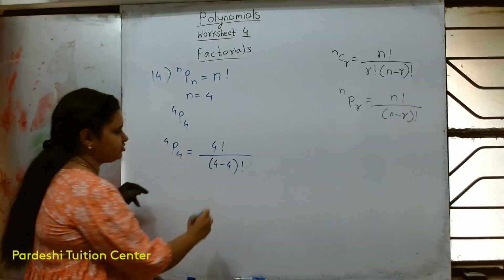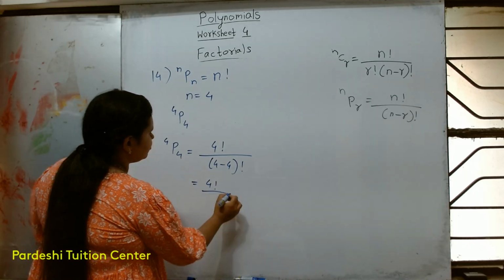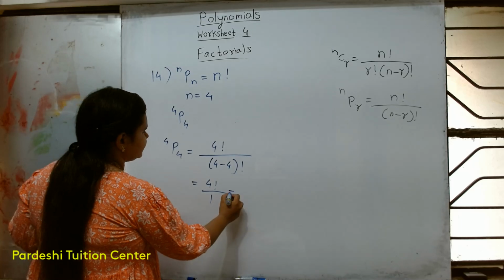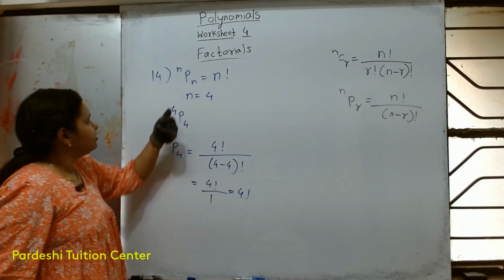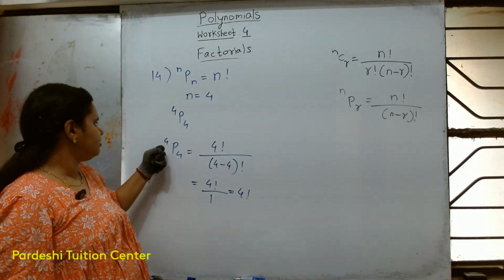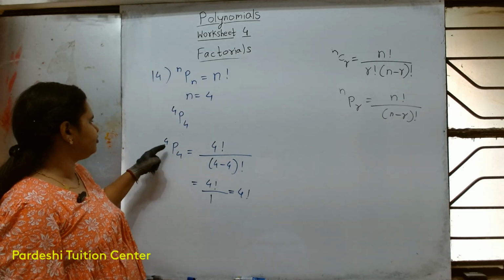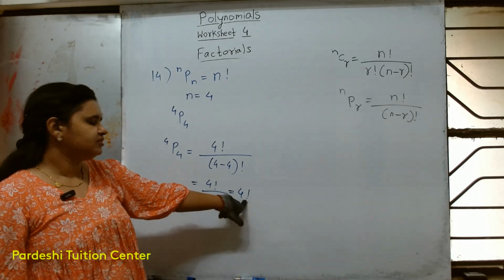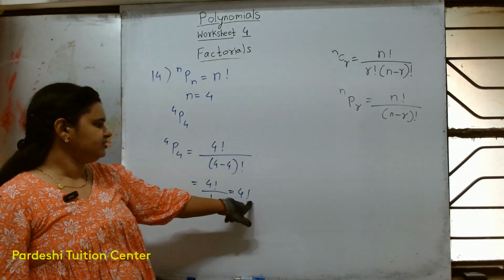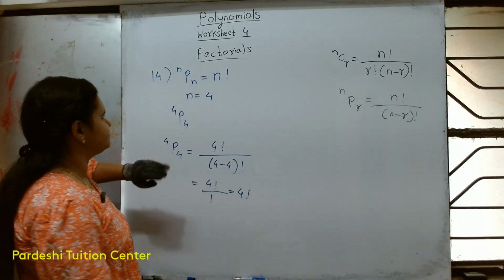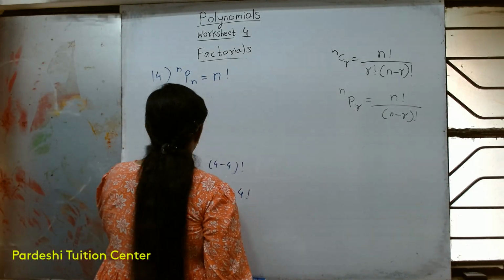So it will be 4 factorial upon 4 minus 4, which is 0, and 0 factorial equals 1. So it is 4 factorial. So nPn equals n factorial: for n as 4, 4P4 is coming as 4 factorial, the value of n coming in the form of factorial. So this one is true. You can check it by putting any value.